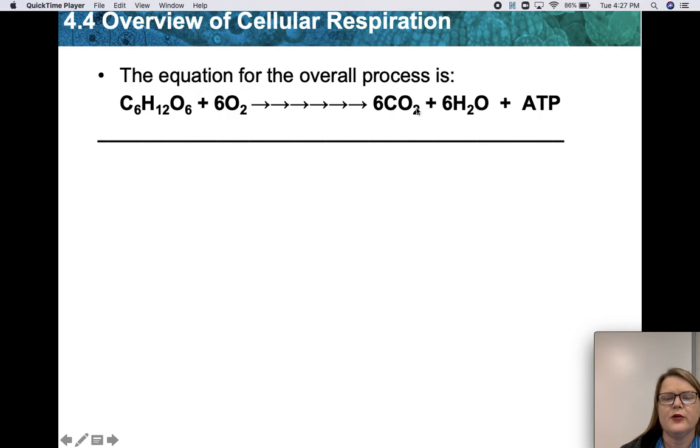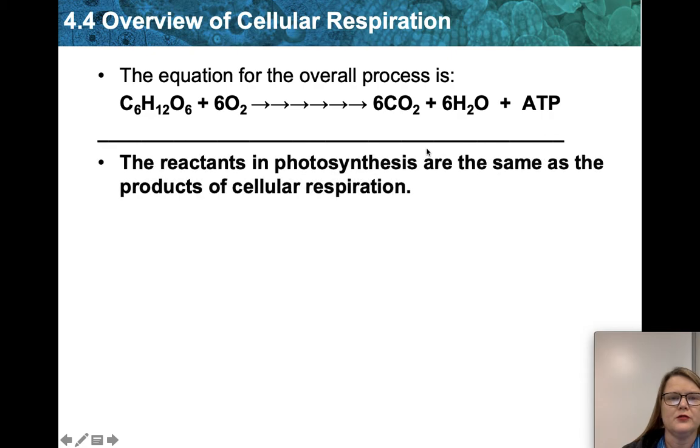So your 6 carbon dioxide molecules, or 6 CO2, plus 6 water molecules, or 6 H2O, plus ATP, which is an energy. So the sun was the energy source in photosynthesis. The ATP is the energy product for cellular respiration.